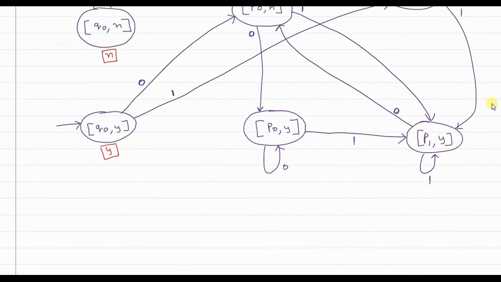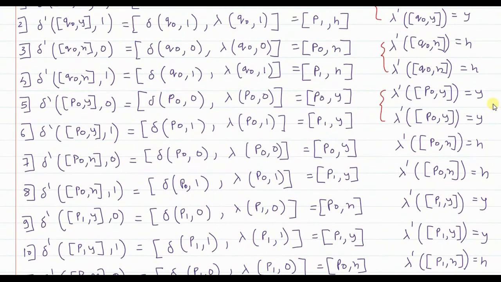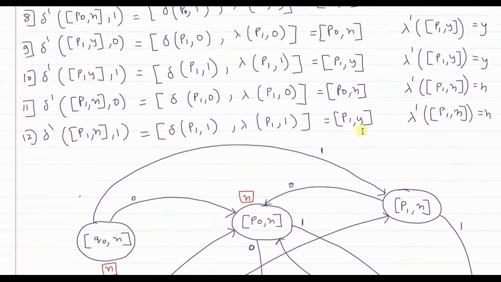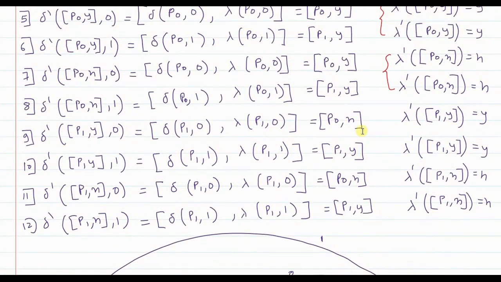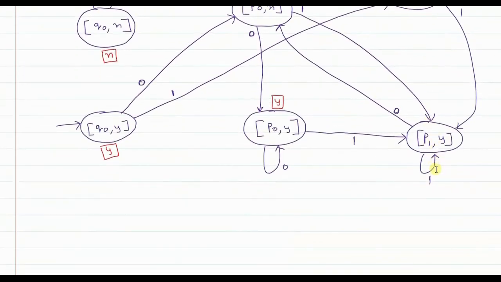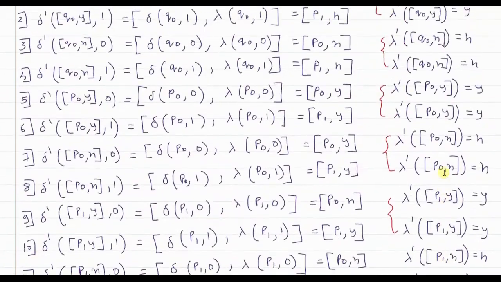Then, when you see the next two, the output associated with state P naught Y will be Y. Then the output associated with P naught N will be N. The output associated with P1 Y will be Y only.